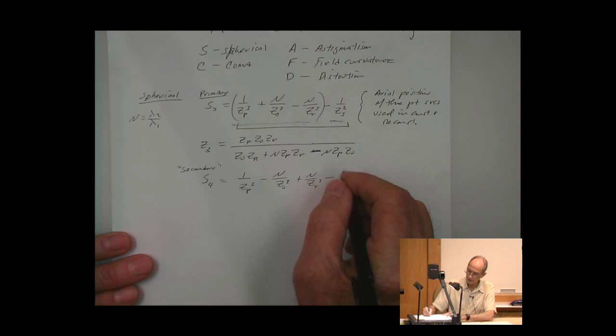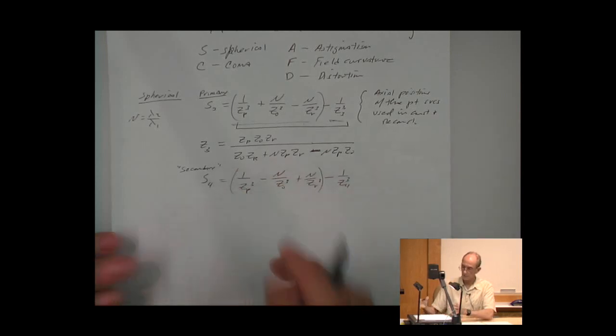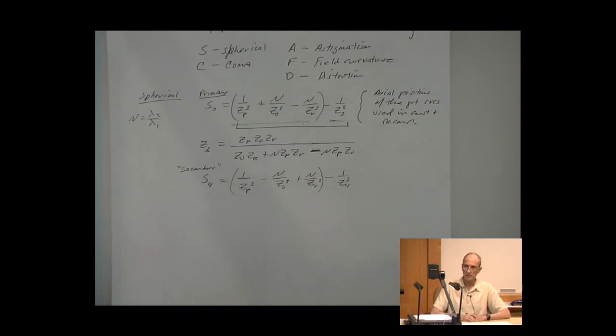But we still have a minus 1 over Z4 cubed. Again, because these are representing this difference between these two ways of determining the image point.